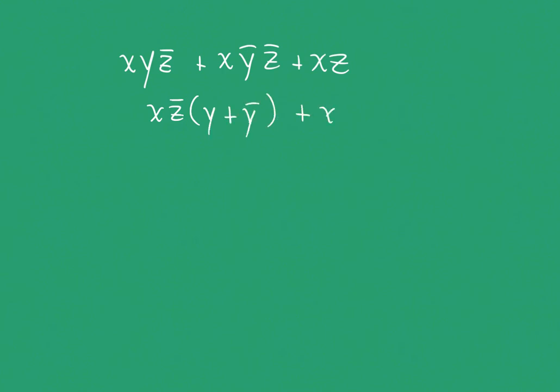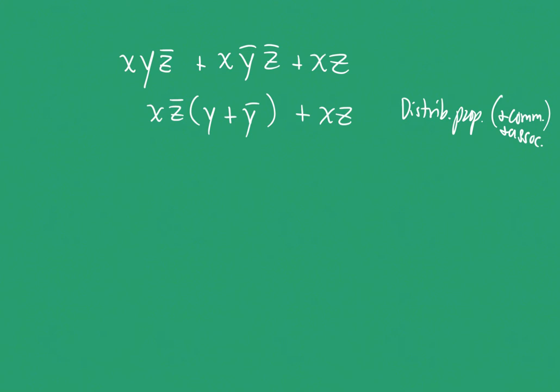And then I'll just copy the plus xz. So what I used here was the distributive property, and technically also the commutative property, and maybe associative property. Those often operate a lot in the background.